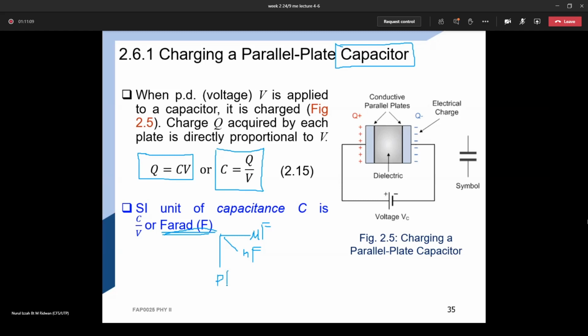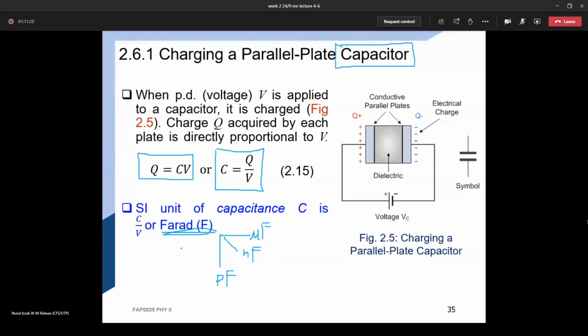You can also find pico. So please be familiar with these prefixes: micro, nano, and pico, which I think are to the power of minus 6, minus 9, and minus 12. So be careful with the calculation later. The farad is the SI unit for capacitance.